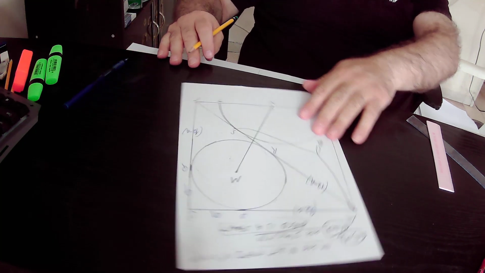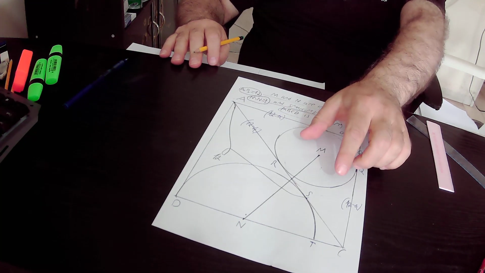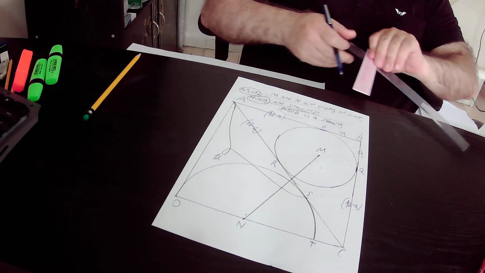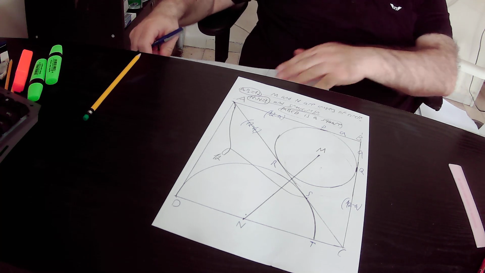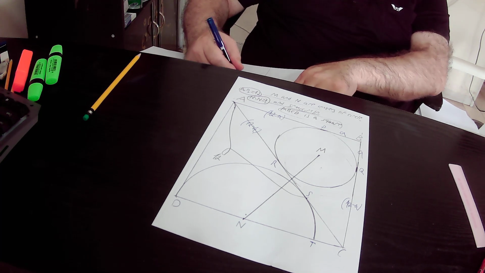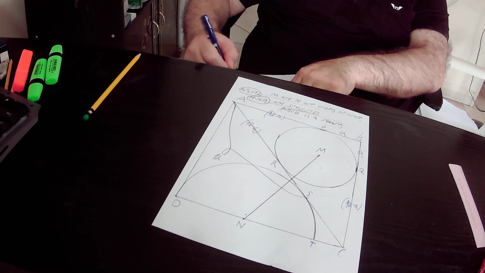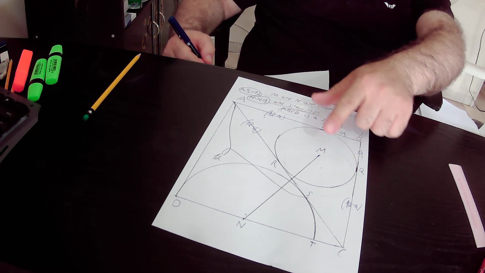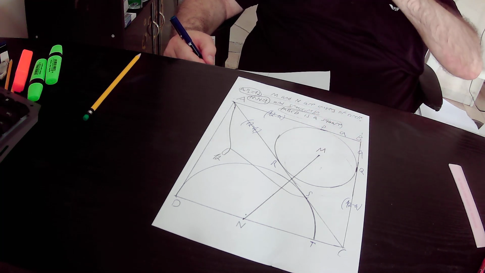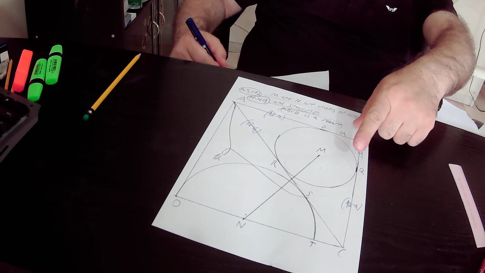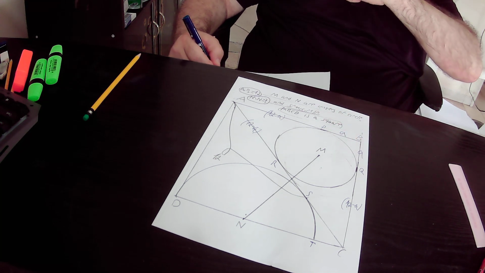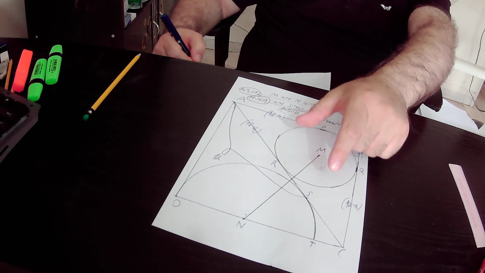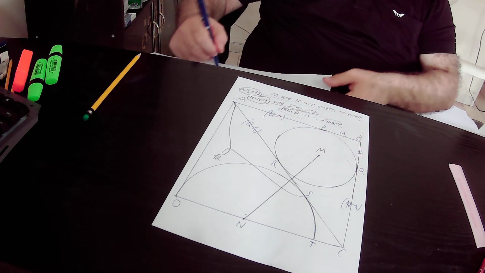From the drawing, it is very easy to see that the length of line segment RS is actually equal to AS minus AR. Again, RS equals AS minus AR.